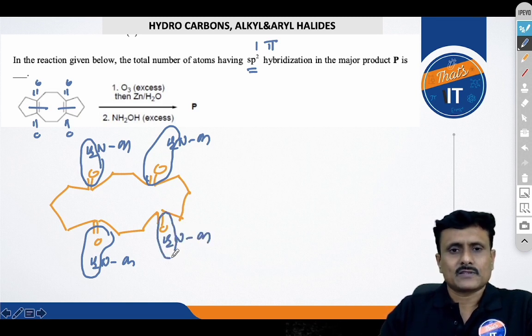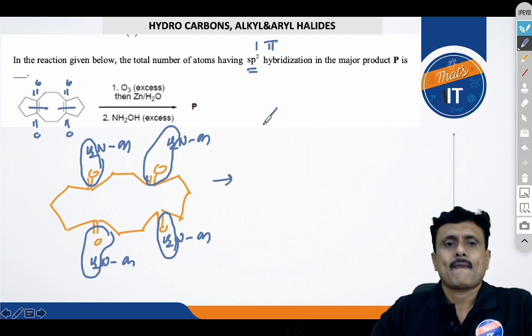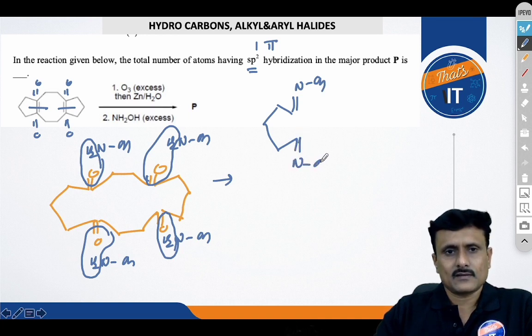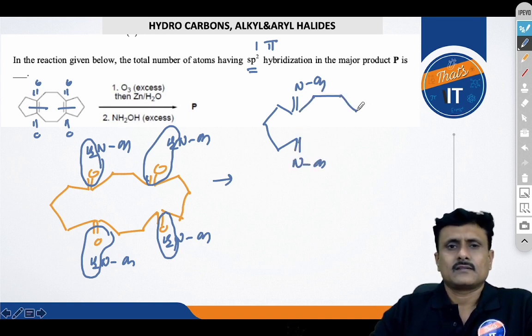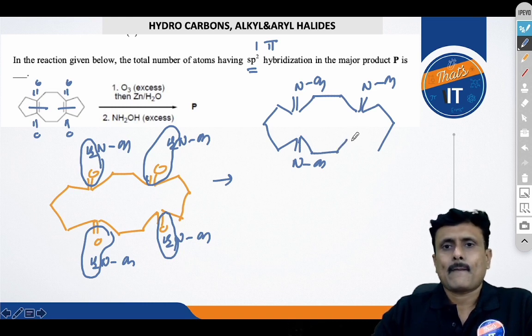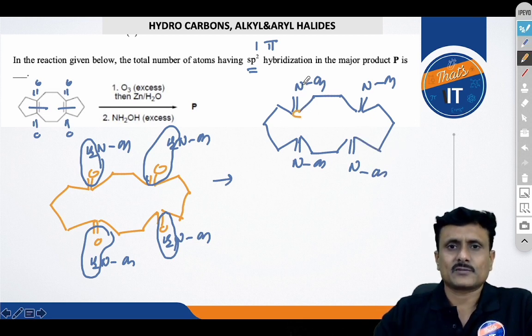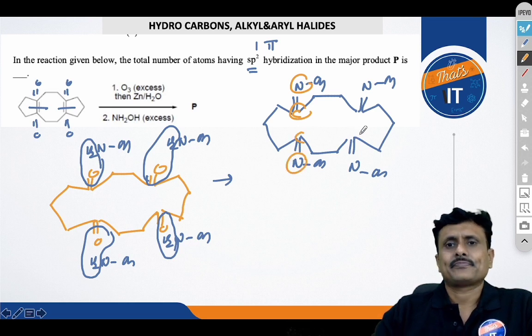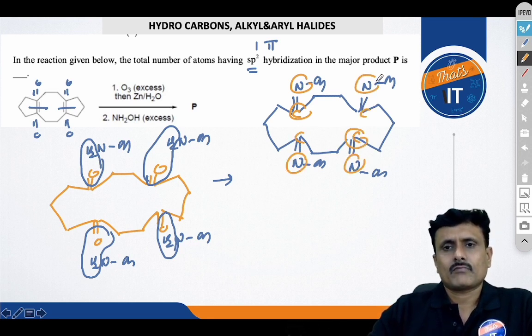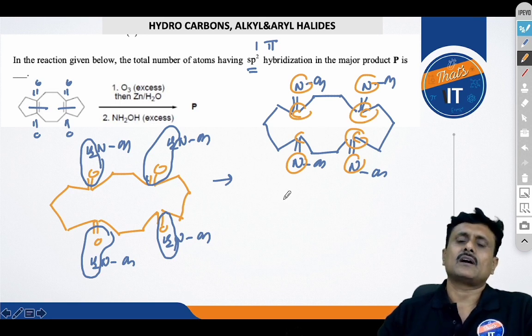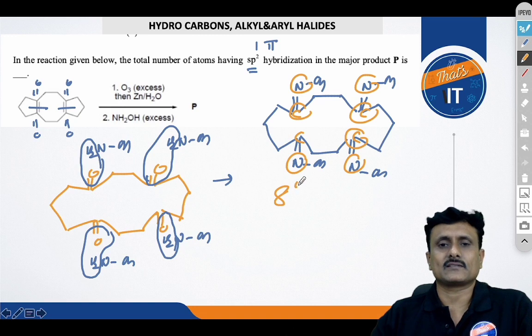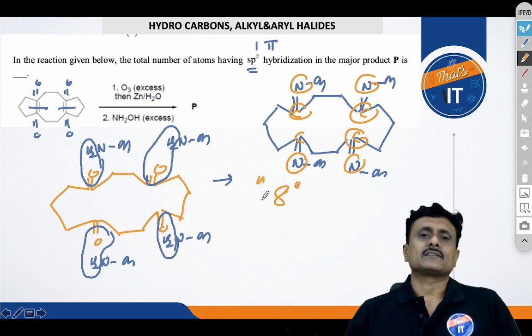So NH2OH. So what will happen here? Double bond NOH, double bond NOH, and you are writing here another double bond NOH. So you can see the total number of unsaturated, 1, 2 in every case, right? So unsaturated carbon atoms are 4 and nitrogen atoms are also 4. So the right answer for this question is 8, isn't it?